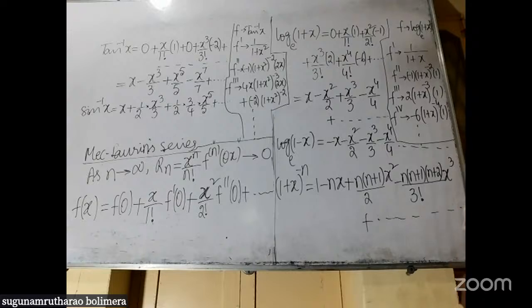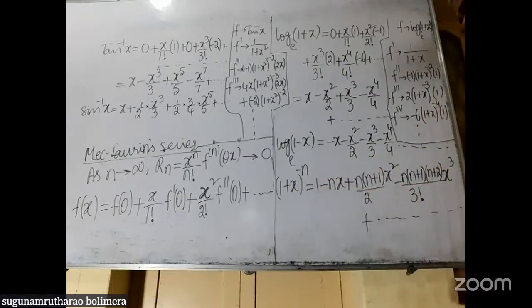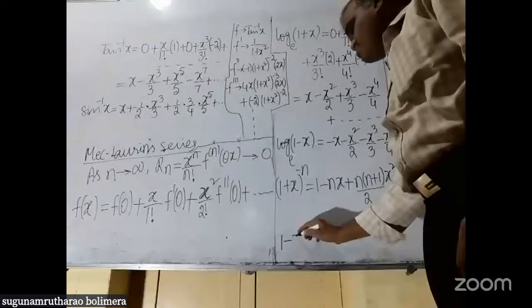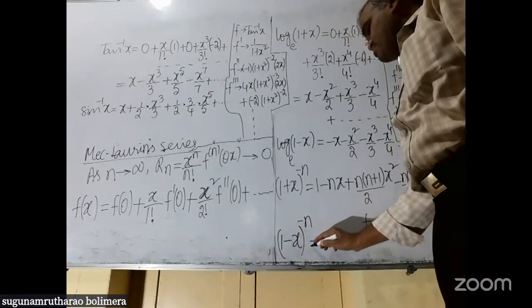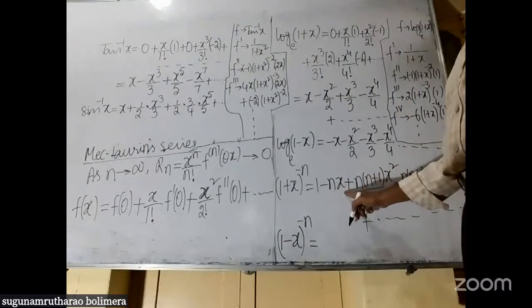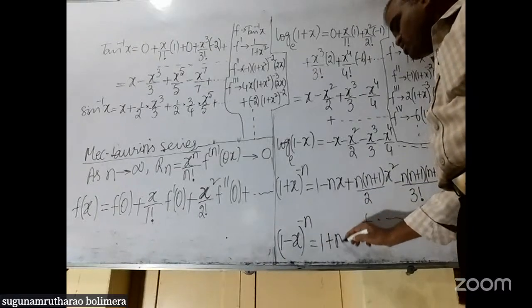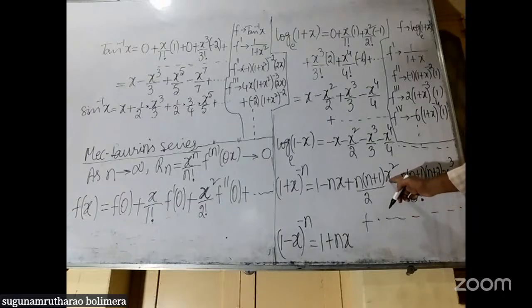Expansion. In the same manner, you may write (1 minus x) whole power minus n. So if you keep on writing (1 minus x) whole power minus n expansion, x is going to be replaced by minus x. So this will be plus. So 1 plus nx. And x will be replaced by minus x whole square.